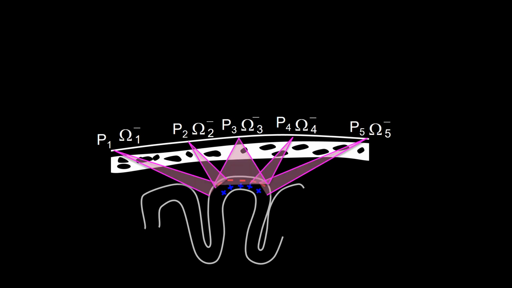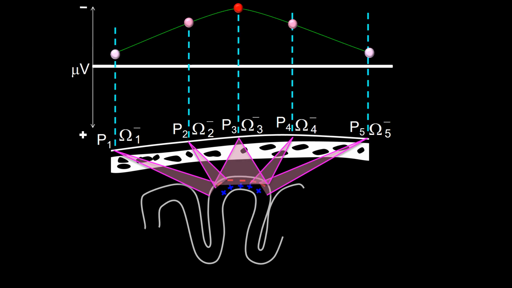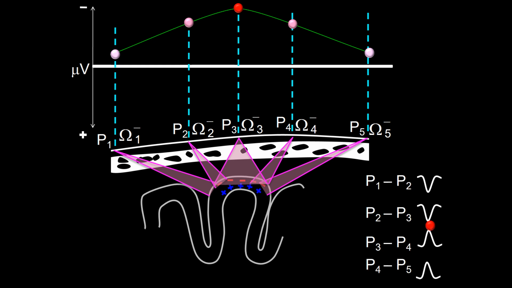The superficial vertical dipole, in this case represented with the negative pole towards the scalp, will be plotted on a voltage line as variable negativities with the maximum at the electrode right on top of it, here labeled P3. Connecting those electrodes in a chain as we did before, indicated over the right side of the screen, we will see an instrumental phase reversal at the level of P3.